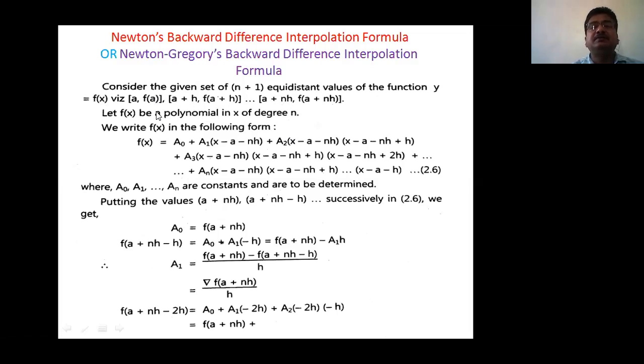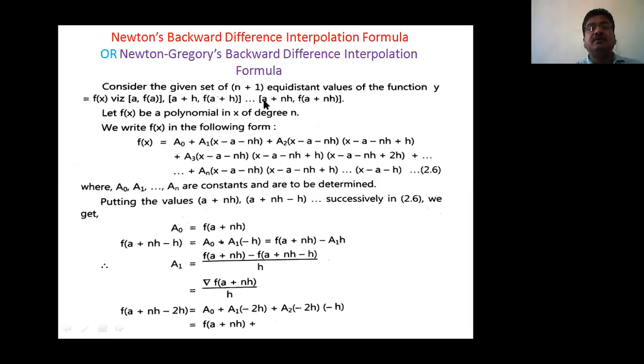If we write this set in table form, the first row is the values of x, and the second row is the values of y, or the function f(x). The values of x are a, a plus h, up to a plus nh.